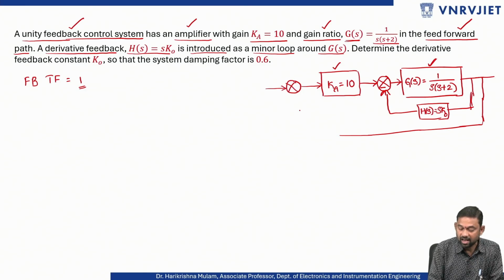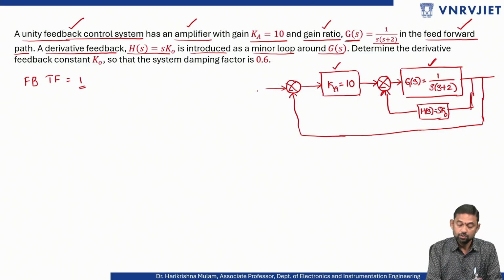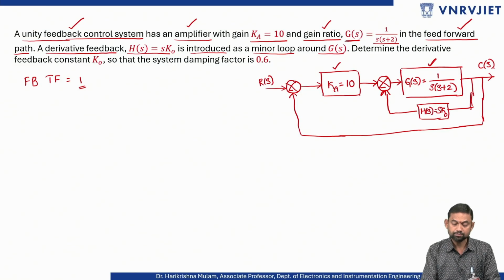And again, as we did not specify whether it is positive or negative feedback, by default we consider a negative feedback system. So this is R of S, input to the entire system. This is C of S, which is the output of the total system. If you draw the block diagram of the system whose information is given in this problem, it looks like this.